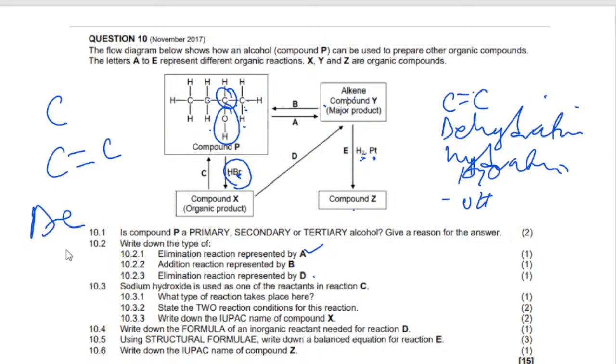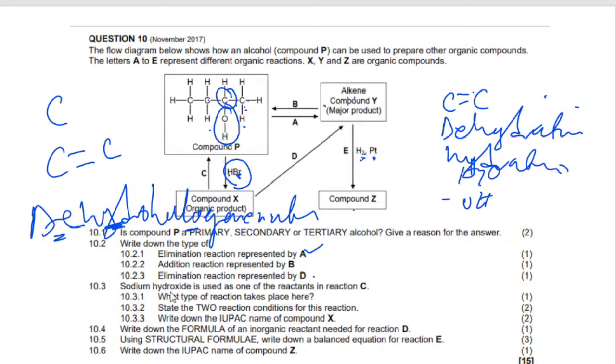I'm removing a hydrogen, so it's going to be dehydro, and I'm removing a halogen, so it's going to become dehydrohalogenation. So I'm removing the hydrogen and the halogen, hence the name dehydrohalogenation.